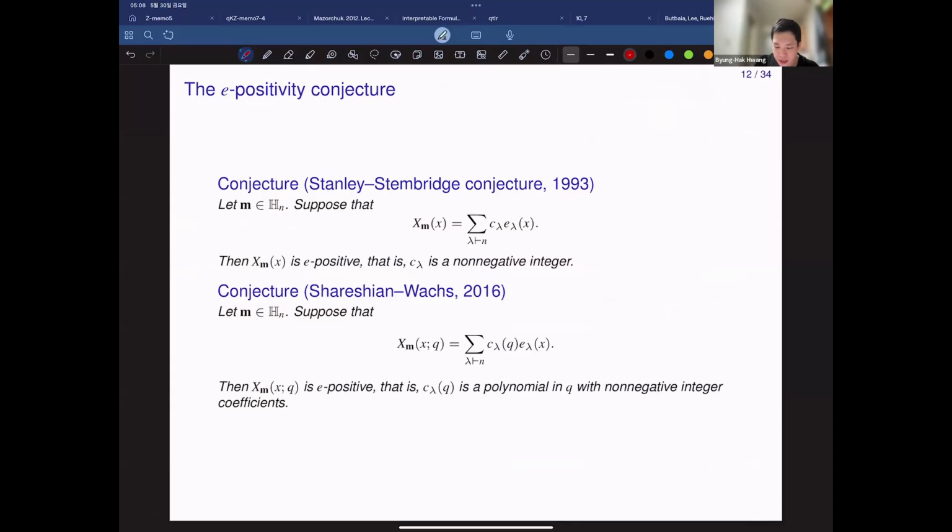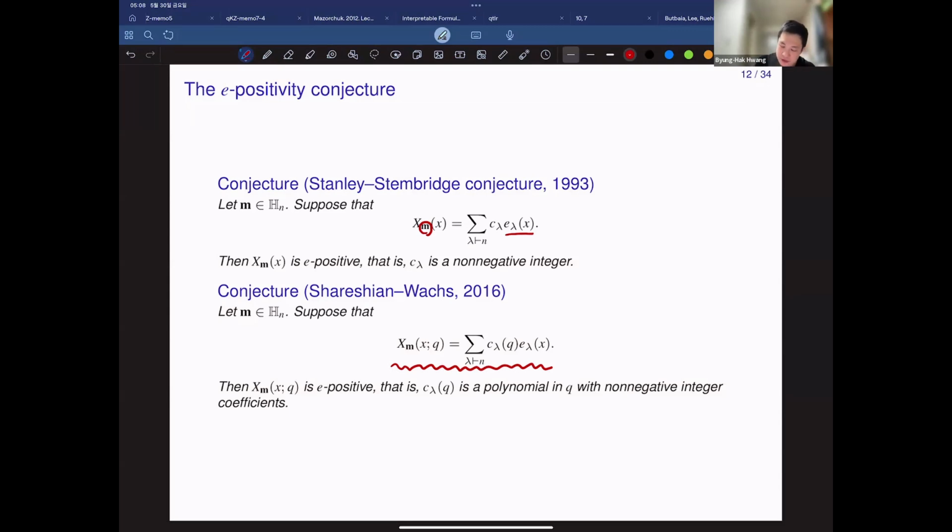Stanley and Stembridge conjectured that the chromatic symmetric function of a Hessenberg function is e-positive, which means the coefficient of e lambda is always a non-negative integer. When Shareshian and Wachs defined the chromatic quasisymmetric function, they also conjectured that the quasisymmetric function of the graph from a Hessenberg function is also e-positive.